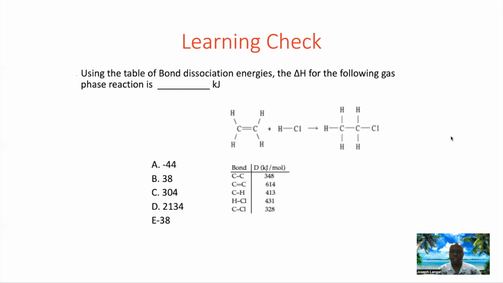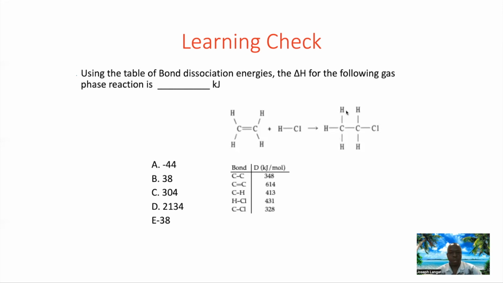minus the reagent here, carbon carbon is 348. I'm looking at this carbon plus carbon hydrogen is 1, 2, 3, 4, 5.